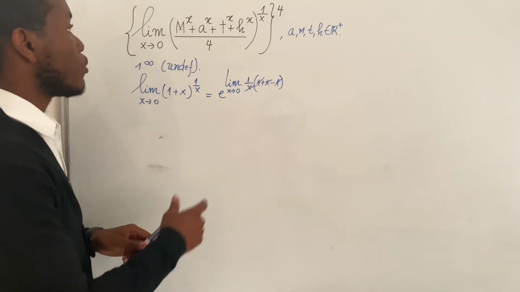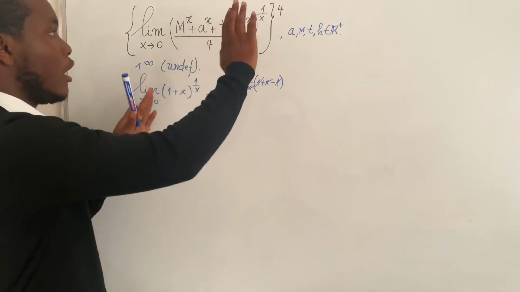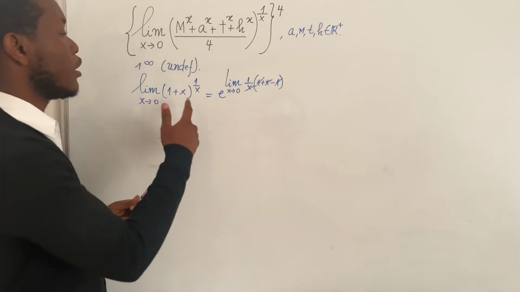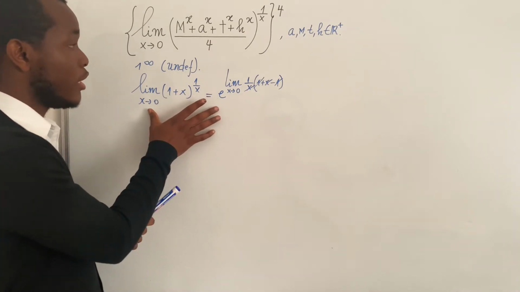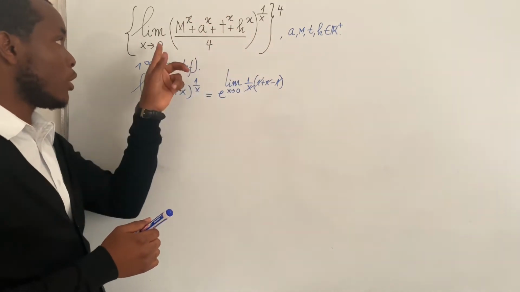Okay, so doing the same approach here, we know that 4 is the outer exponent, it's outside. We don't need to worry about the 4 now. Using the same principle, this 1 over x, which is our exponent, will come to the front.